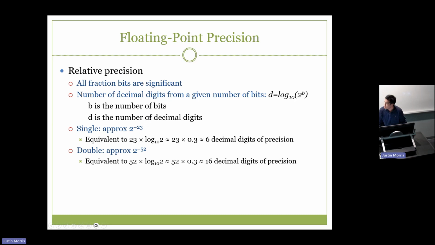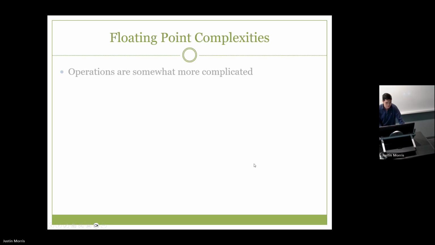We went over the range of single precision and double precision floating point numbers. If you convert that to decimal digits, it is around 6 decimal digits of precision with single precision, whereas with double precision it is 16 decimal digits of precision.